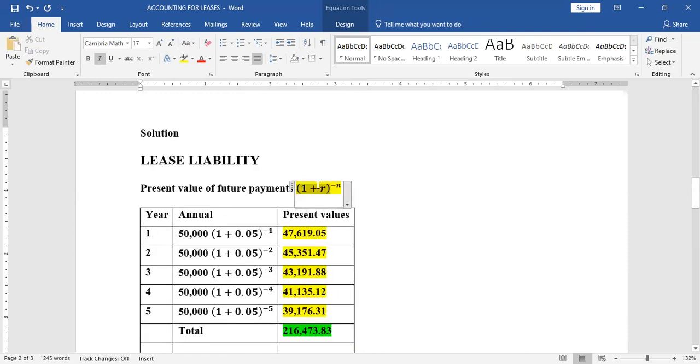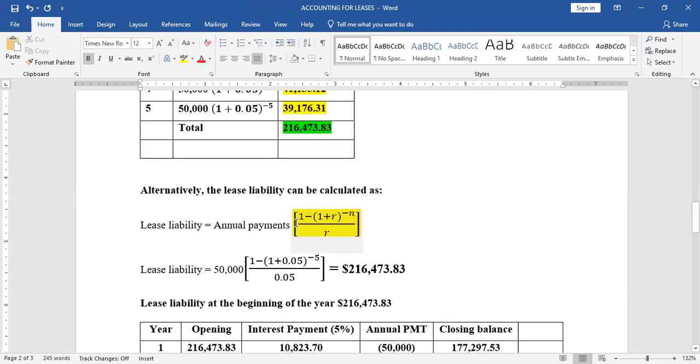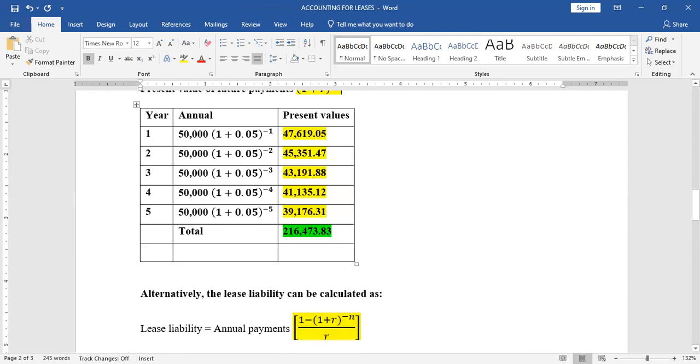Now this one is when we are accounting for payments independently or one-offs. But where we do this is when we have the same amount, it shall be called an annuity. So if you see we have the same amount there, 50,000, 50,000, 50,000.